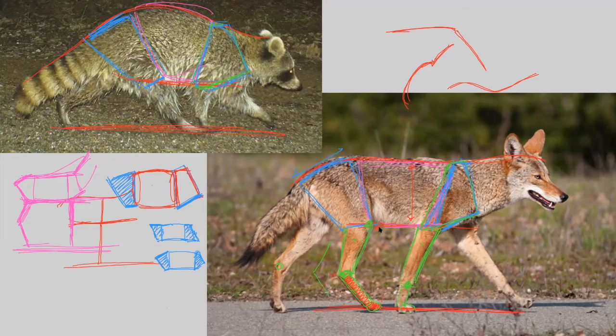So let's look at that on the raccoon up there. So on my raccoon, I have an upper part, I have a lower part. So its joint is here, this other joint is here, it's pretty low down, and then toes out on the ground.